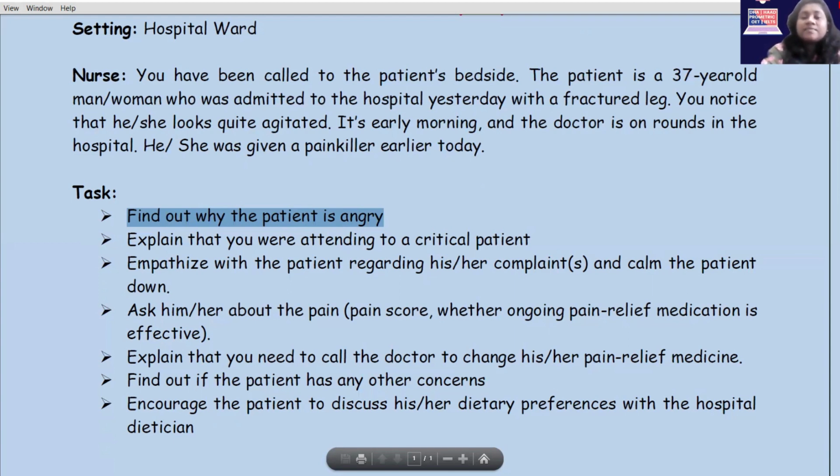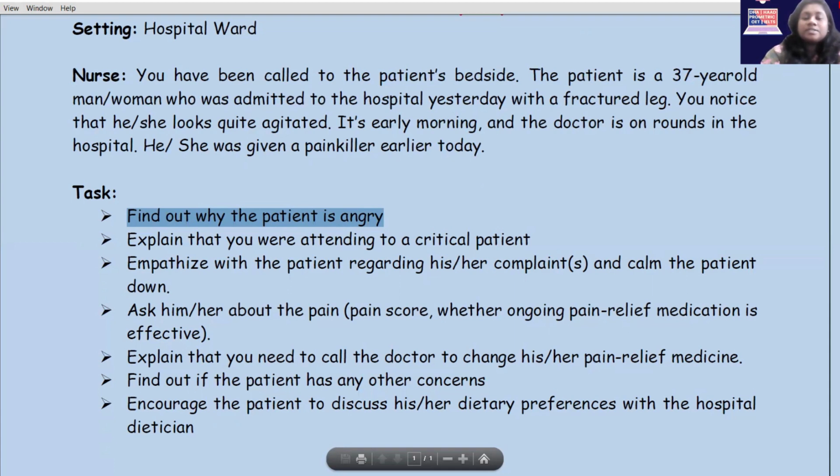This reflective listening skill will not only affirm that the patient is being heard, but also provide more opportunity to the patient to express himself or herself. So you can say, if I understand you correctly, you are angry about the delayed bedside visit. Is that right? This is the way of doing repeat back.